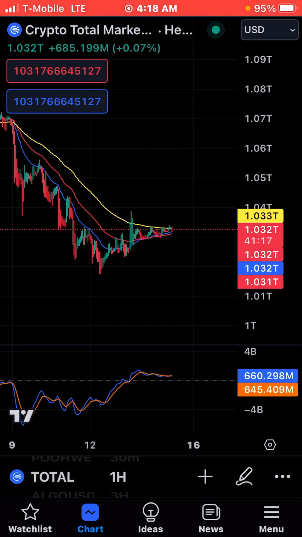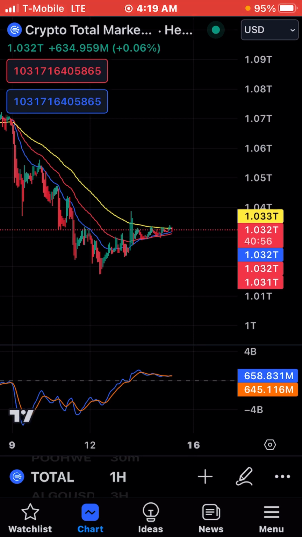So I would continuously keep my eye on what is happening with the total market cap as the day progresses, before the Forex market opens at 2 to 3 my time, in about 10 hours from now.